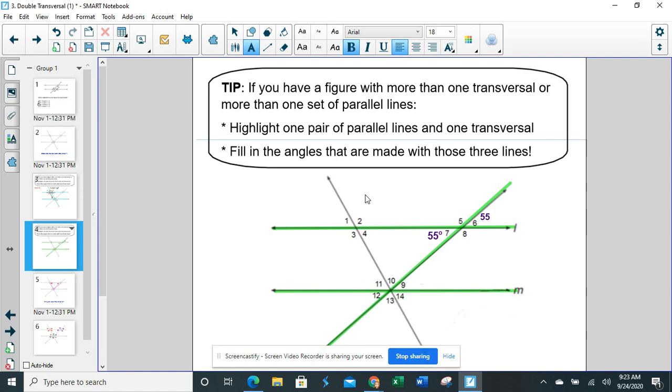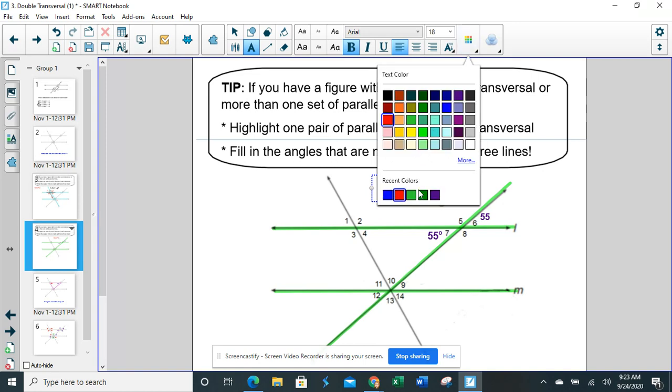Perfect. So now again, I can use my supplementary relationship to figure out what 5 is going to be. And again, I'm doing that by doing 180 minus 55 to find my remaining angle, which is going to be 125. And once again, I'm going to change this to purple.